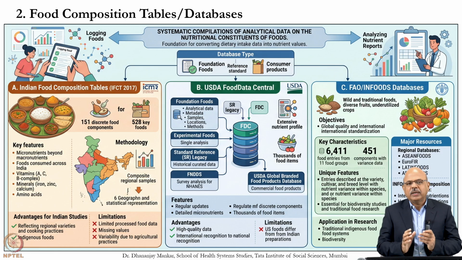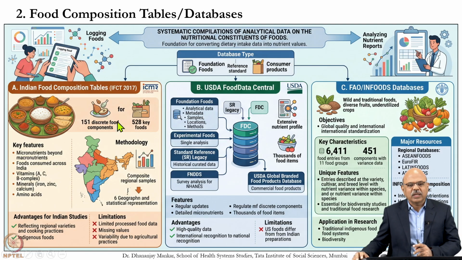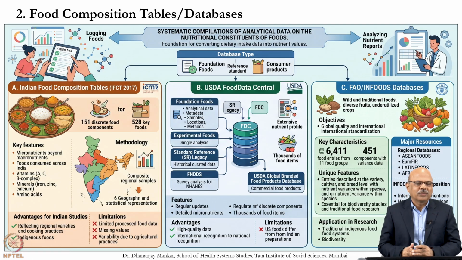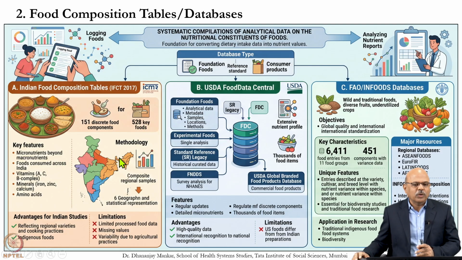A lot of the time you will find systematic compilations of analytical data on the nutritional constituents of food. There are many database types: food foundations, reference standards and consumer products. If you talk about the Indian Food Composition Tables by ICMR, it covers 151 discrete food components and 528 key foods. In terms of methodology, it uses composite regional samples from 6 geographical regions and statistical interpretation.